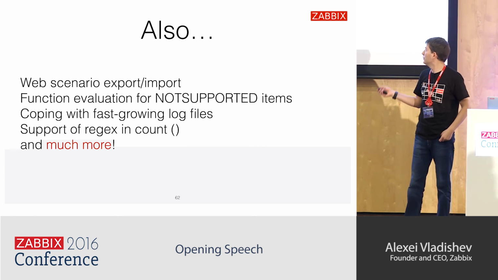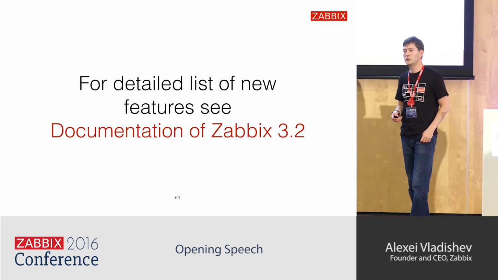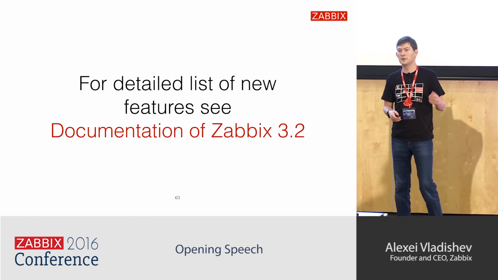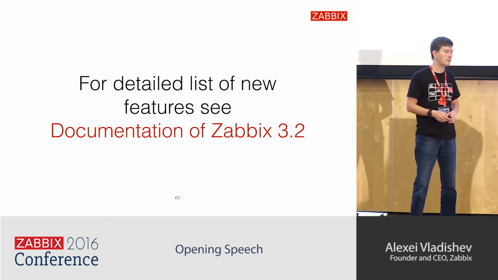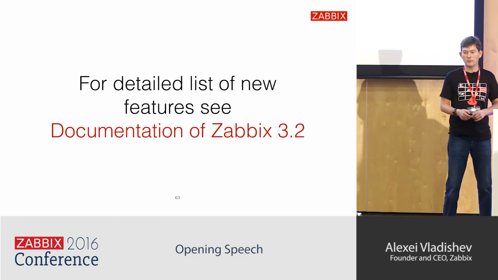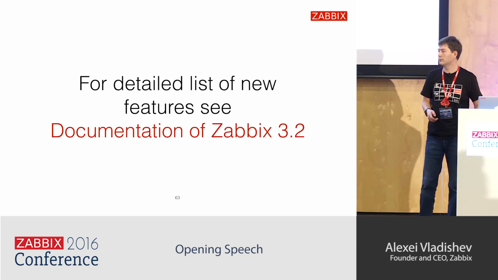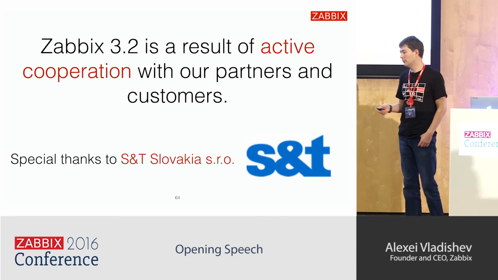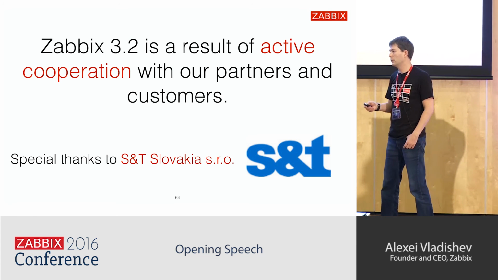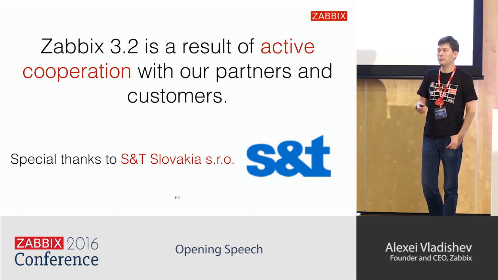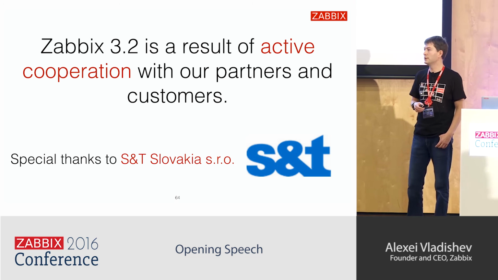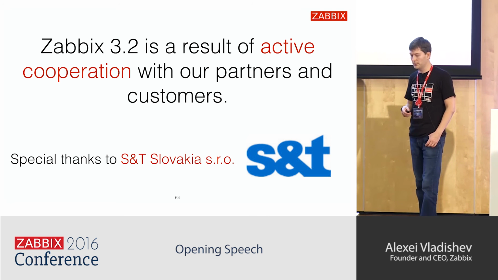So the list of new functions in Zabbix 3.2 is quite lengthy. For a detailed view, please have a look at the official Zabbix documentation, the Zabbix manual 3.2, section What's New in Zabbix 3.2. I'd like to mention that 3.2 is the result, first of all, of the hard work of our developers and cooperation with our partners and our customers.